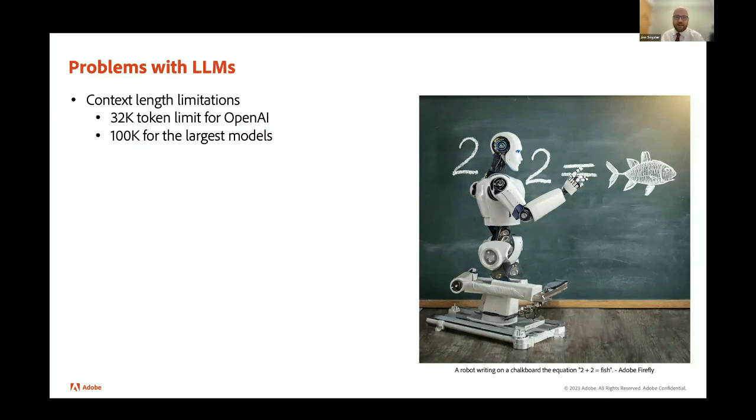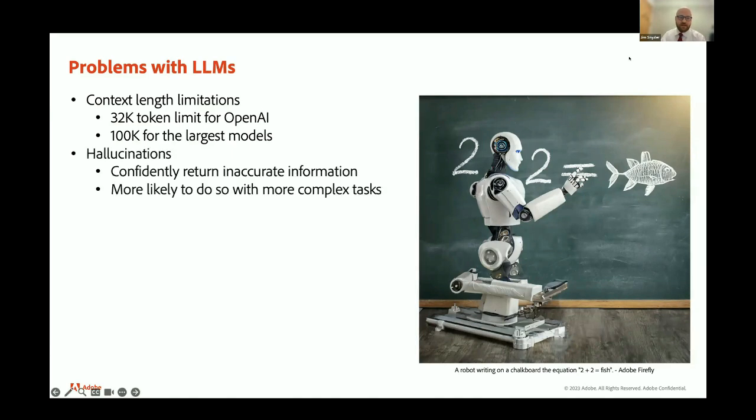This might seem like a lot, but you can really quickly get to this limit, particularly if you want to input a lot of documentation from a manual or something like that, or if you have an extended conversation with the LLM, and any number of other things, like anything that involves numbers, because each digit is often a token. You can really easily exceed this if you're using it.